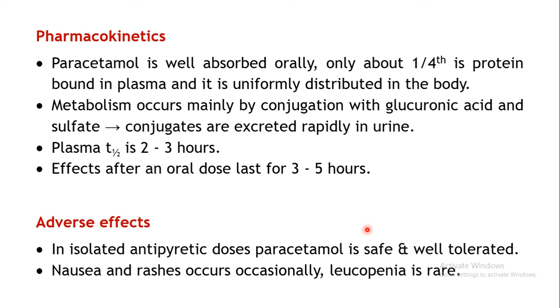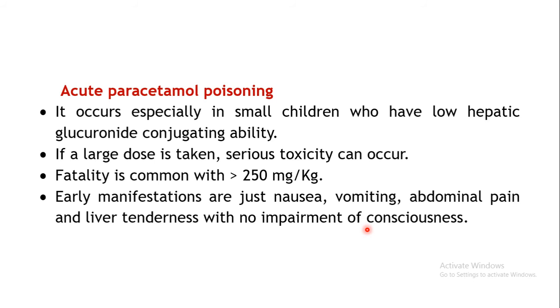But the problem is that acute paracetamol poisoning may take place if you exceed a certain level of dose. Though it is considered to be the safest of all the analgesics, there are still high chances of paracetamol poisoning, and specifically acute poisoning may take place in small children who have low hepatic glucuronide conjugating ability.